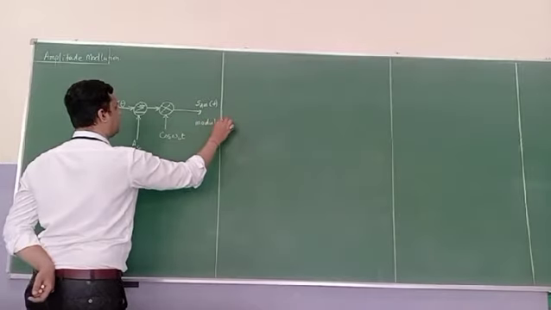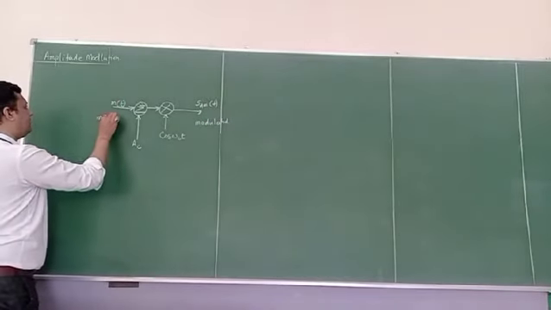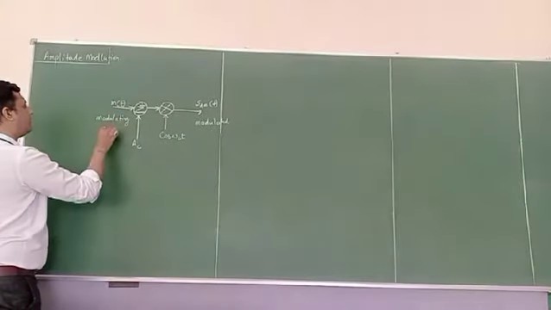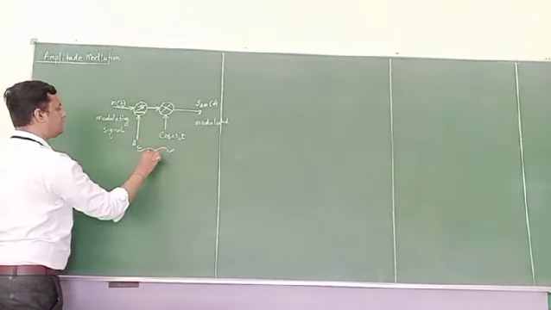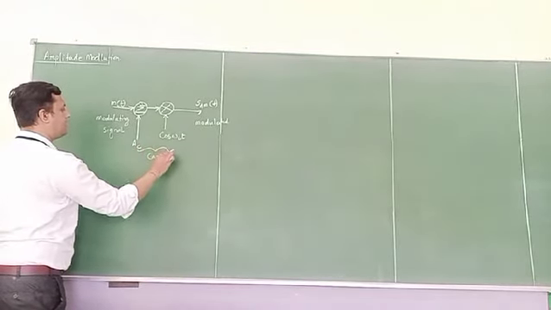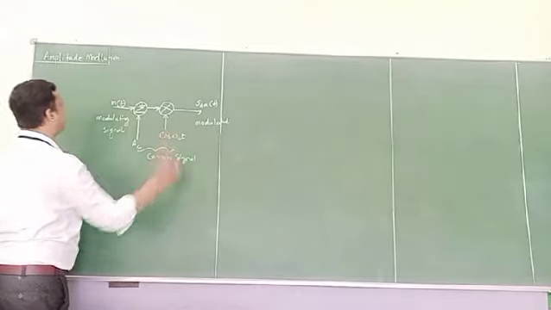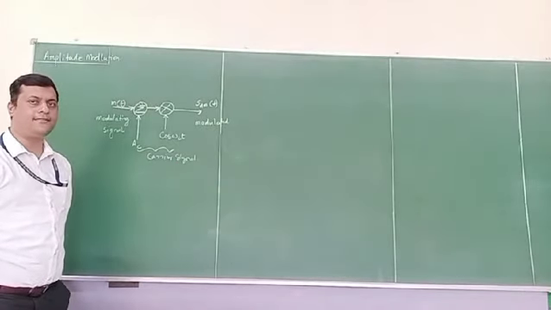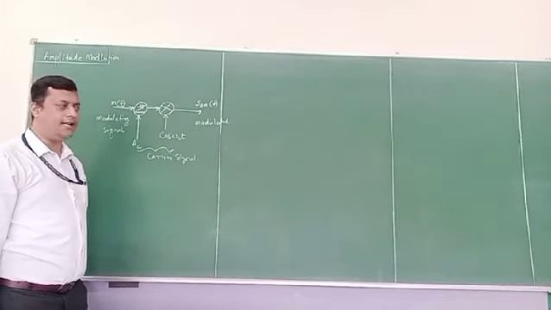Once again I am saying this is modulating signal. Okay, and most important thing, this is the carrier signal. Now in this amplitude modulation scheme we are going to change the characteristics of carrier component with respect to the modulating signal.